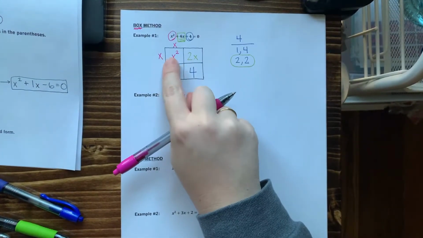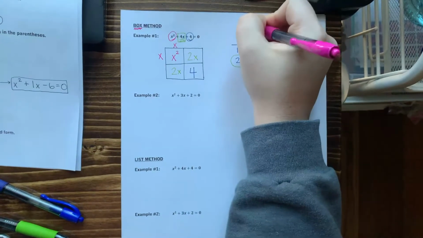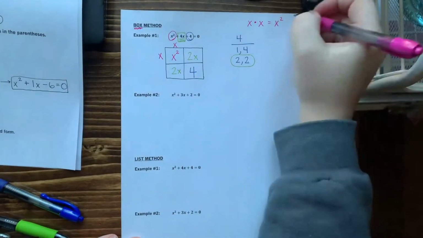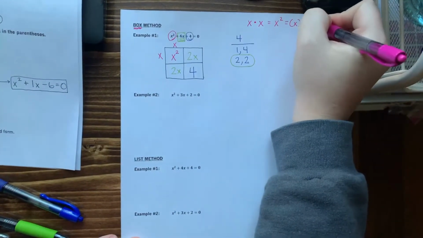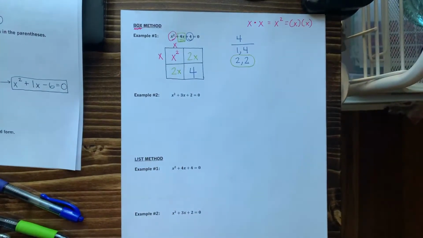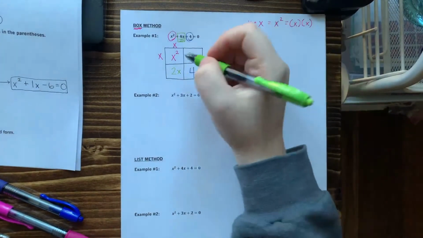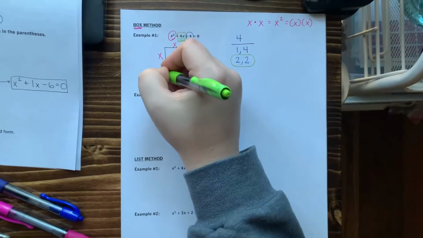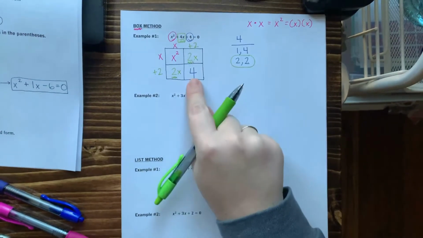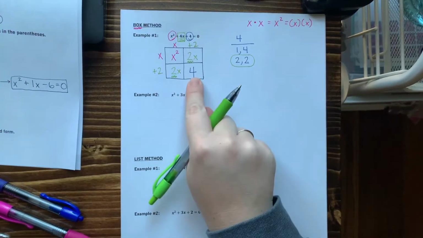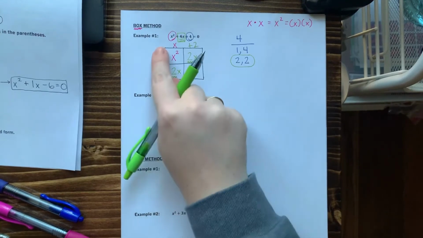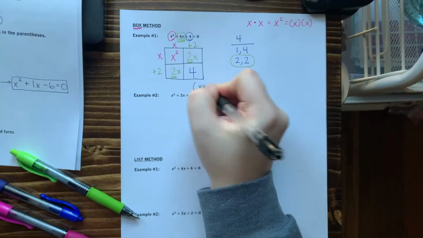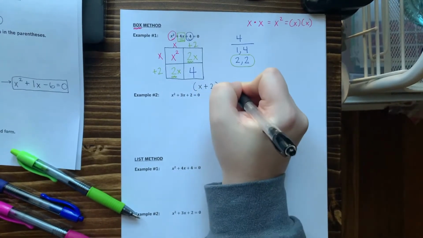That's what multiplies to get x squared. x times x equals x squared every time. And then finally, we take the numbers that we split up, and 2 times 2 should multiply to get 4. It does. So we take these 2 pieces from our box: x plus 2 times x plus 2.